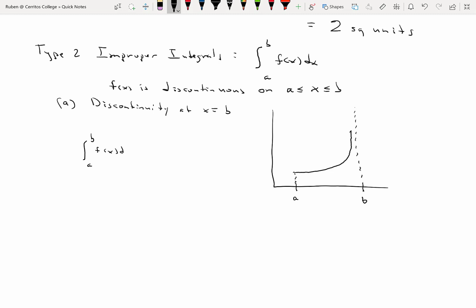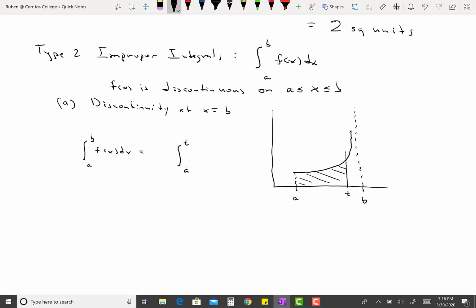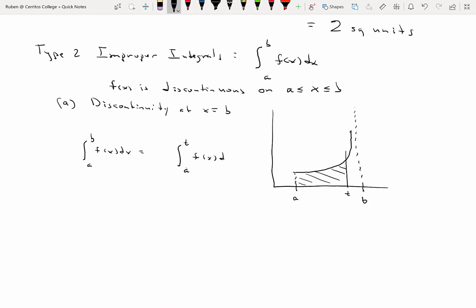We can't integrate between a and b. So what we do is we push the right-hand endpoint, or the upper limit of integration, slightly to the left and call it some value t, and then we integrate from a to t, and geometrically for this particular function that would give us the area that I've shaded off of the function.